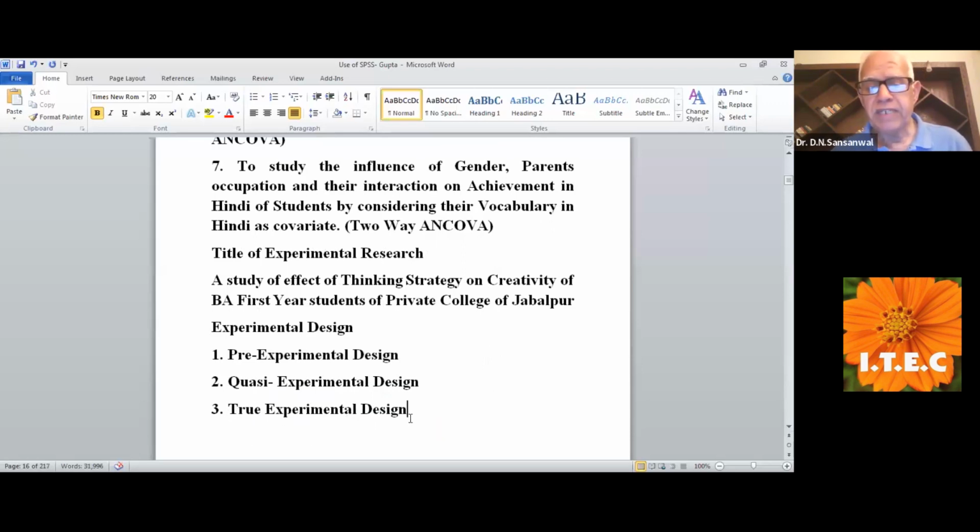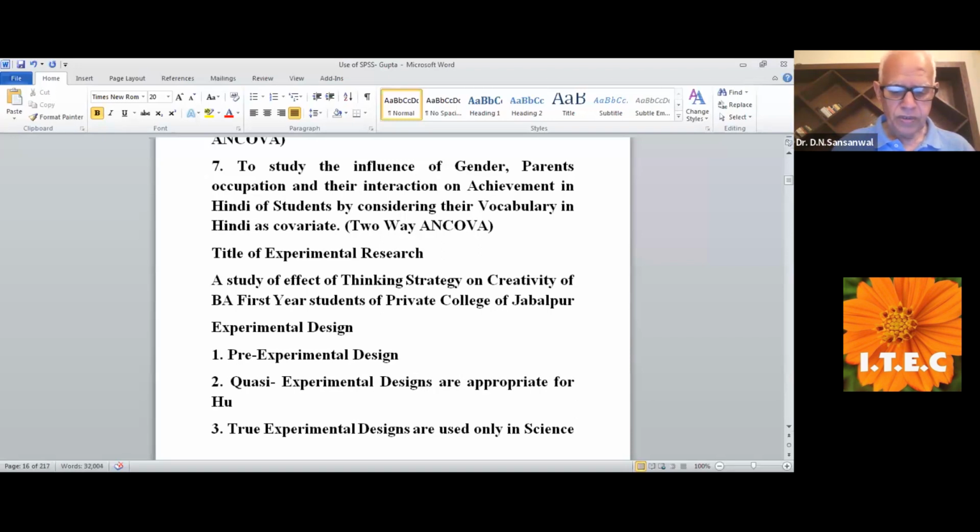Now, true experimental designs are used only in science. You cannot use them in social science. The quasi-experimental designs are appropriate for humanities and social sciences.